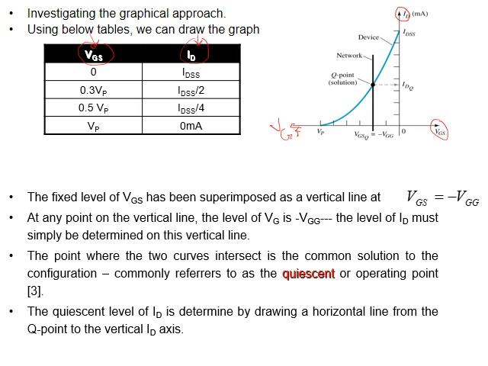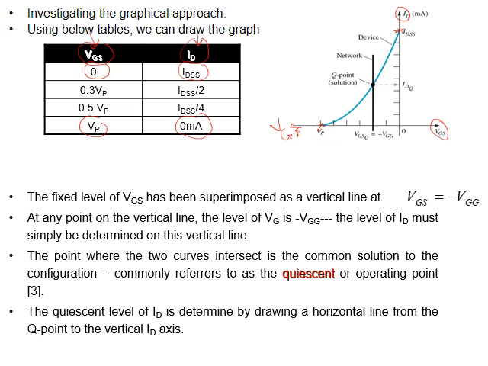Now when VGS is 0, the full current flows across ID, which is IDSS. While when the current is 0, the full voltage appears across the transistor. So here we specify these 2 points, where it starts and where it ends at ID, and where it ends at VGS.